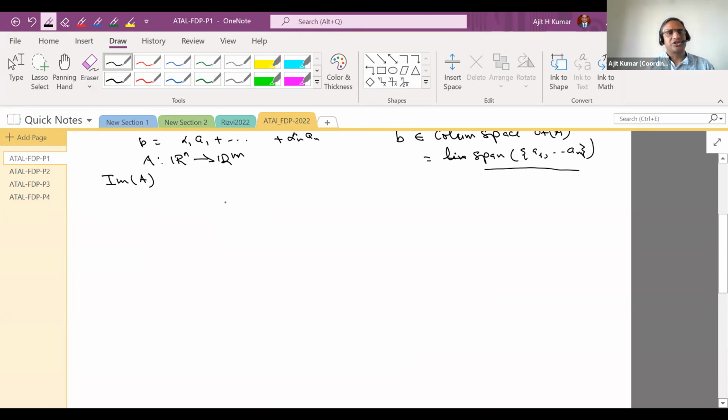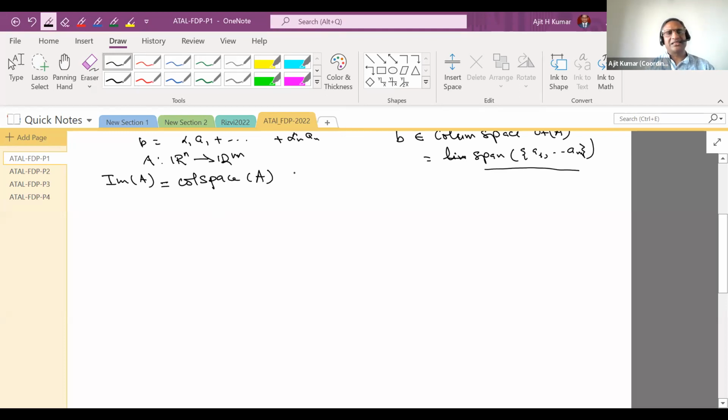That is the transformation, right? So any data that we want to transform linearly to some other space, there is some matrix involved. So this is the image of A, which is nothing but the column space of A, and all these things we can compute very easily in Sage, that we will look at.